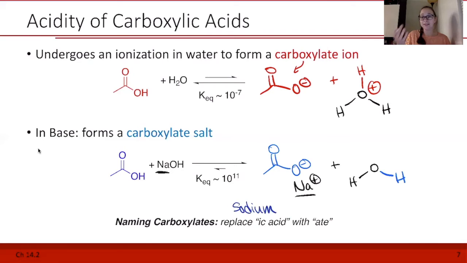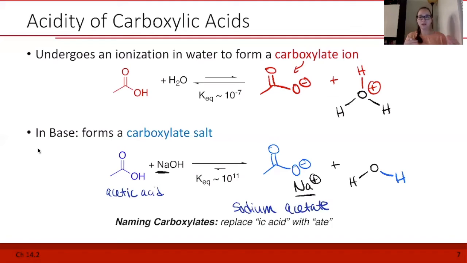And then you're going to have the same name as your carboxylic acid starting material, but you're going to replace the IC acid with ATE. So in this case, we started with acetic acid, which was our common name. And that made us form sodium acetate.